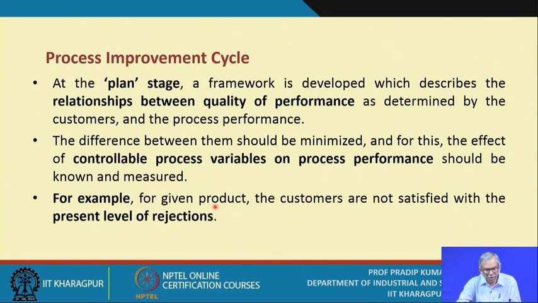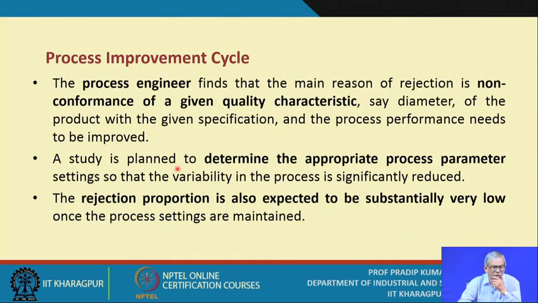For example, for a given product, the customers are not satisfied with the present level of rejections. Maybe the rejection is 10% or 15% like this. So, the customer is obviously not satisfied with the performance. So, what does the process engineer do? The process engineer finds that the main reason of rejection is non-conformance of a given quality characteristic, say diameter of the product, with the given specifications, and the process performance needs to be improved.